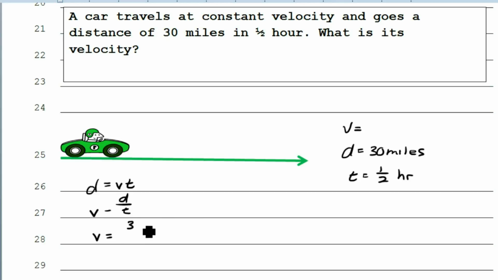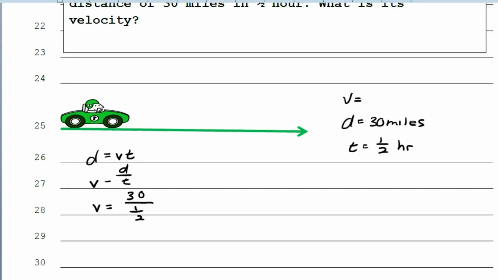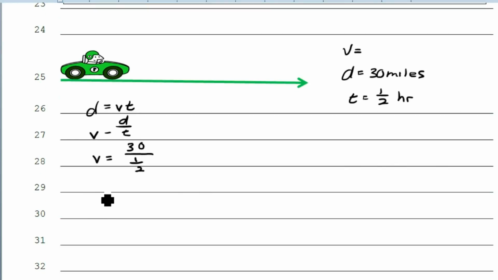Distance is 30 over 1/2 hour. And inverting the denominator, multiplying by the numerator, there's the numerator, 30 over 1 and 2 over 1.